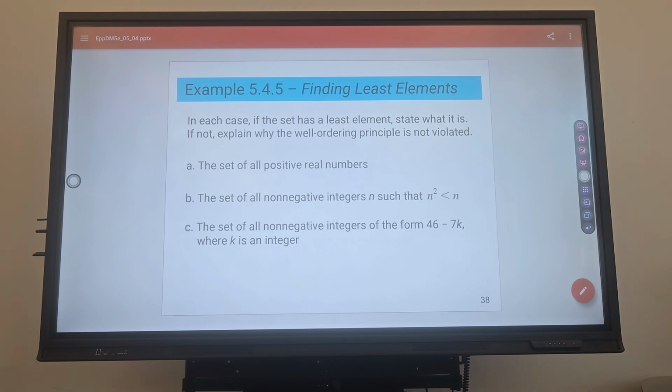The set of all non-negative integers of the form 46 minus 7k, where k is an integer.